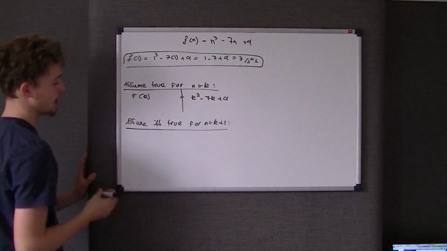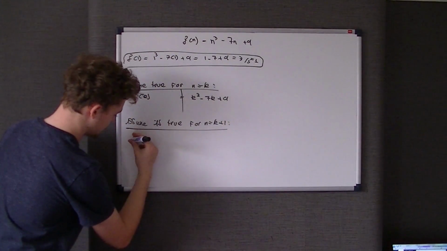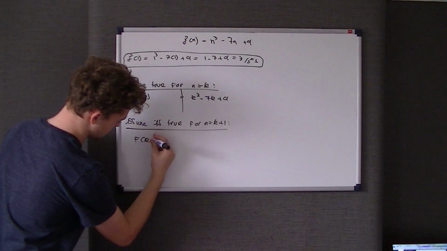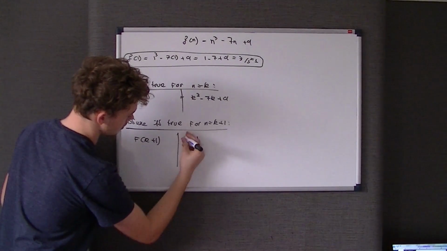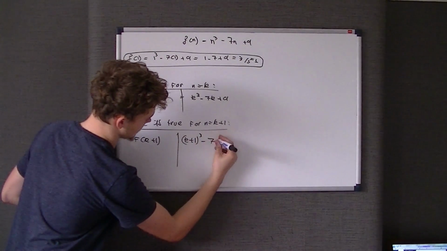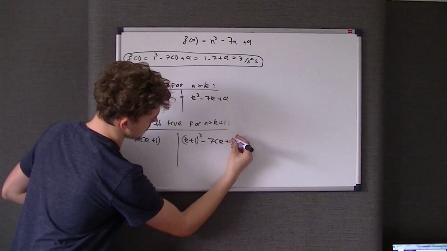So you just sub in k plus 1. Therefore f of k plus 1 is k plus 1 all cubed, take 7 times k plus 1 plus 9.